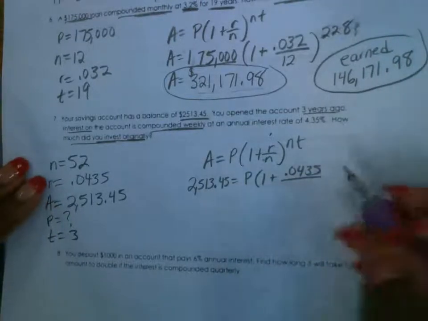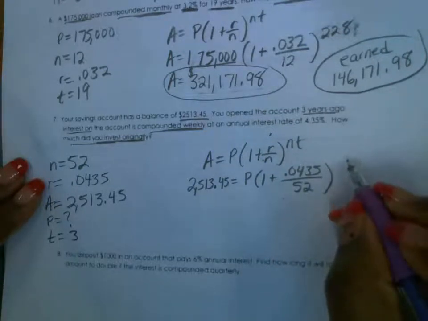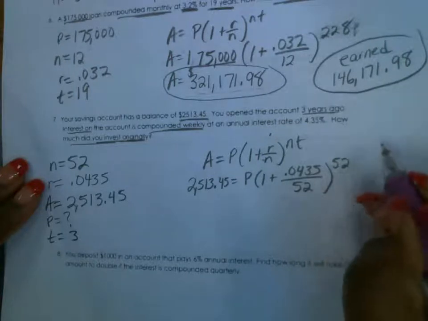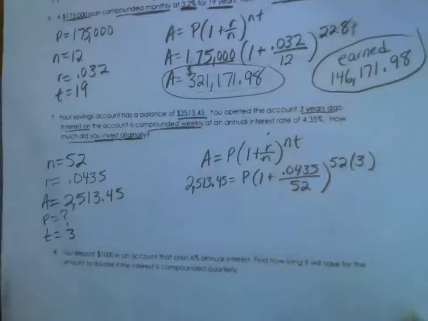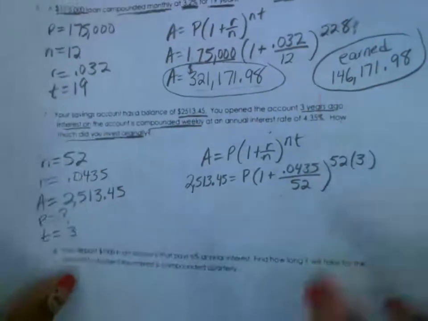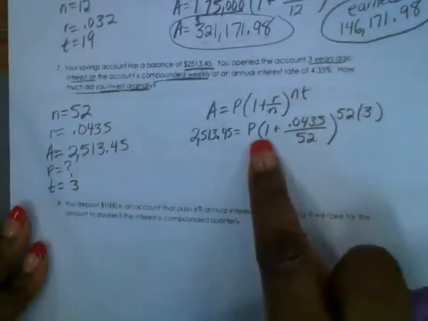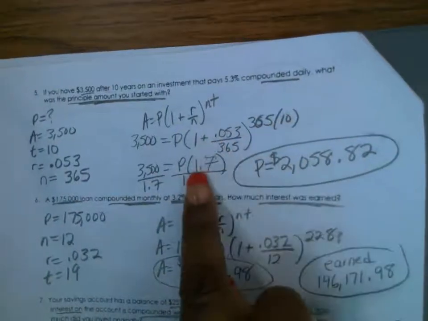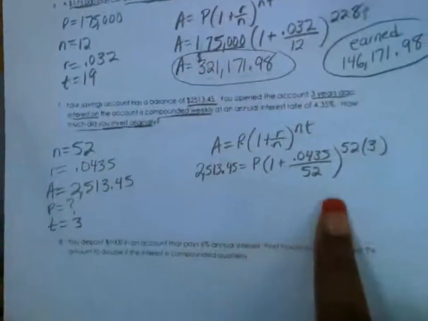Your N is 52 weeks in a year, and you're going to multiply 52 times your time, which is 3 years. Okay? And so you're going to do the same thing that we did up here when we found P. Simplify this and solve for P, just like we did here. We simplified this, we got this, and we solved for P by dividing that number on both sides. So you're going to do the same thing here.